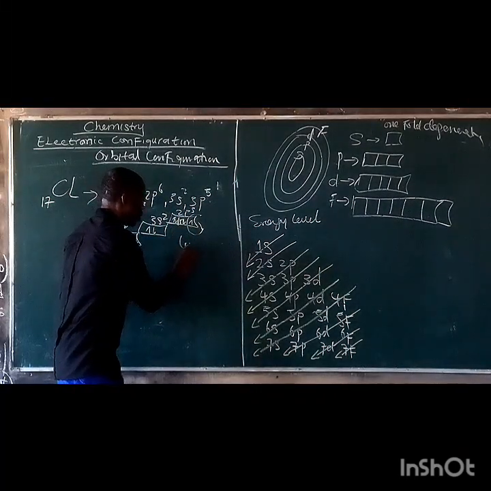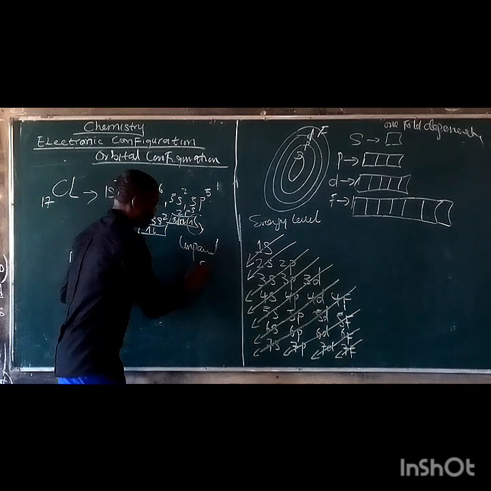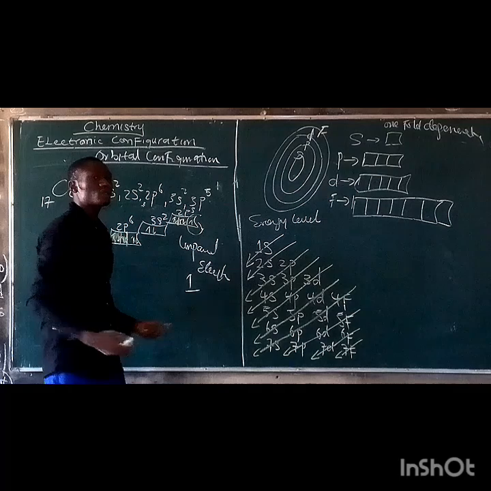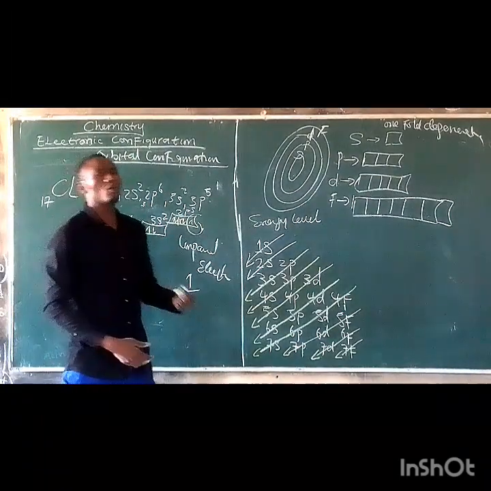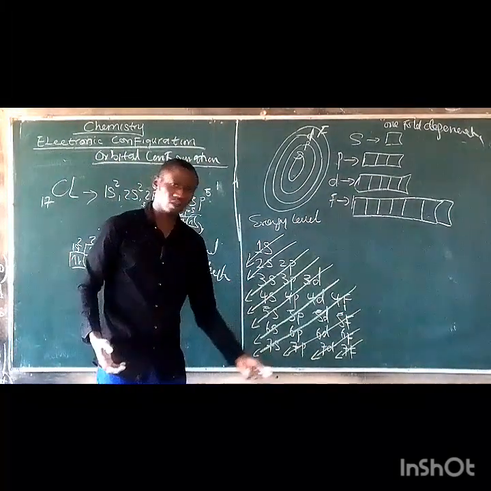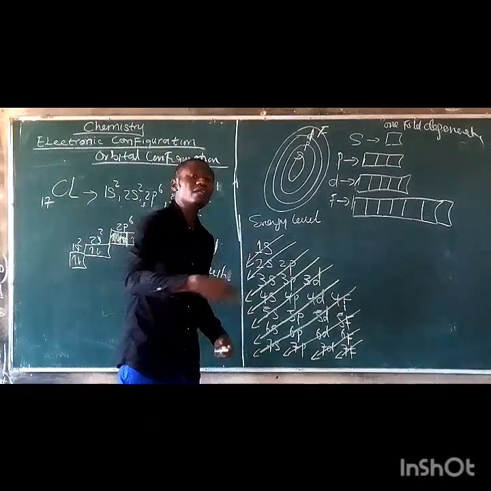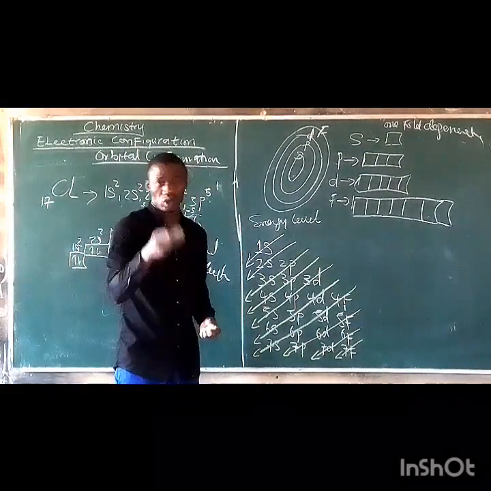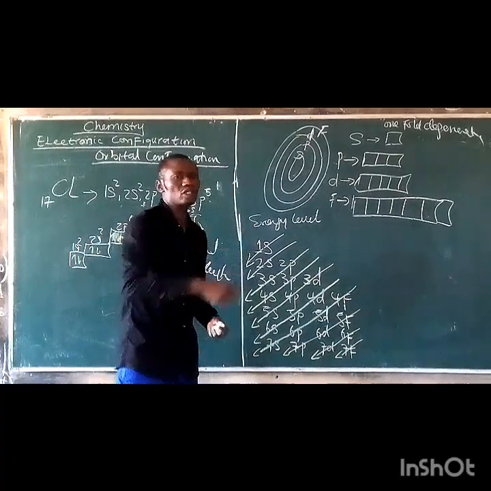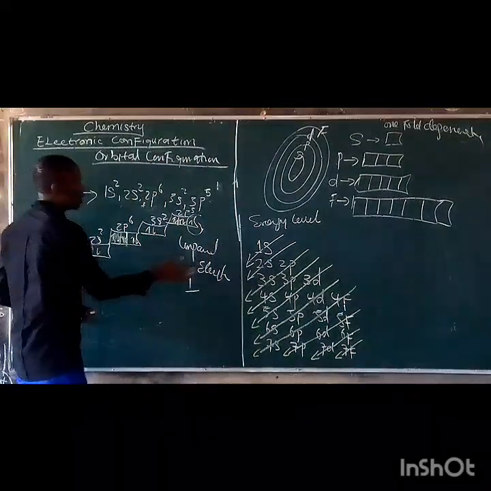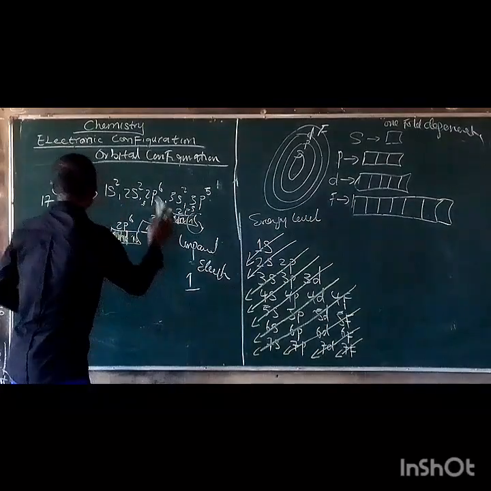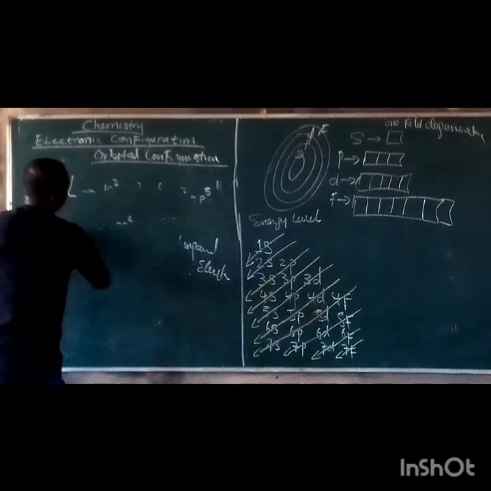There is an unpaired electron, and the number of unpaired electrons here is 1. Maybe you are asked to find the number of unpaired electrons in an electron configuration or in an atom of an element. So the number of unpaired electrons is just 1. So we want to do another one. Let's do more.